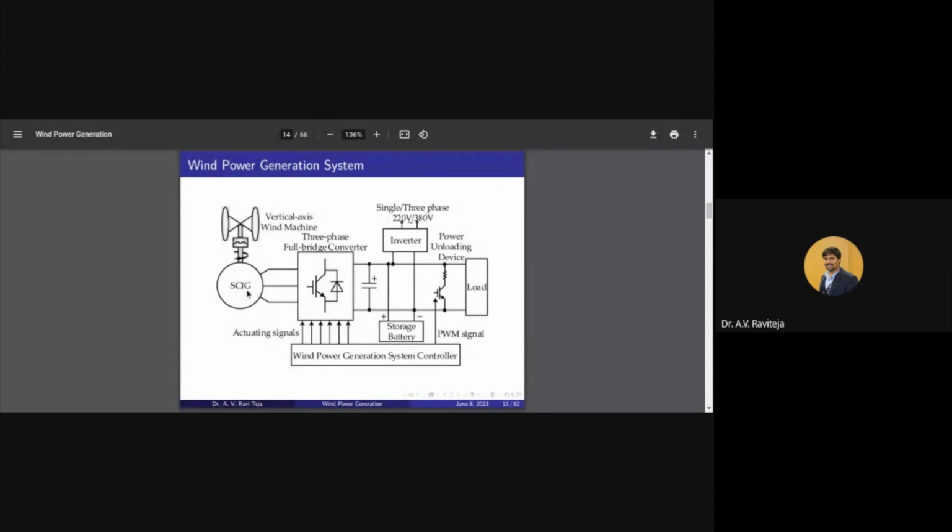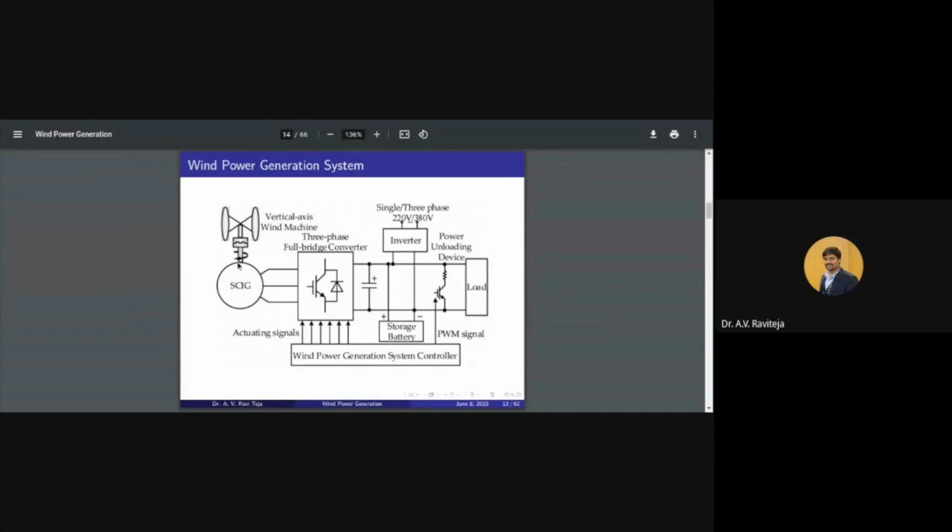This is the electrical machine that is used for extracting electrical power from the wind. So this is a turbine, which can be a vertical axis or horizontal axis turbine. If it is a vertical axis turbine, this machine will be placed on the ground. If it is a horizontal axis turbine, this electrical machine is placed on the top of the tower.